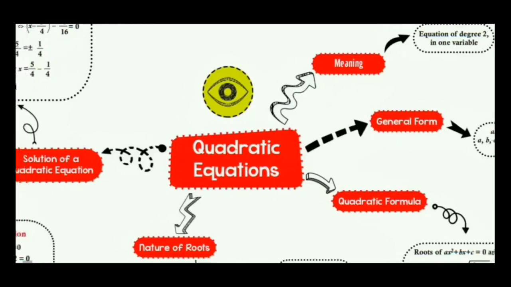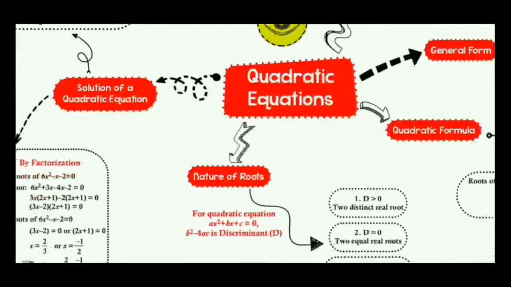After the solutions of the quadratic equation, we will discuss the nature of the roots. If the value of d is greater than 0, the question is what is d? D is the discriminant and it is equal to b square minus 4ac.